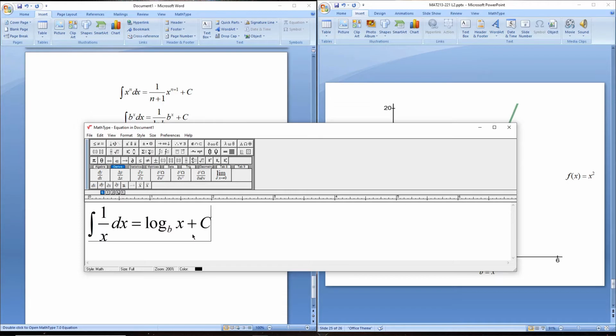Now also recall, when we took the derivative of log, we would get a 1 over x and then a 1 over natural log b. Well, in this case now, the natural log of b sits in front.